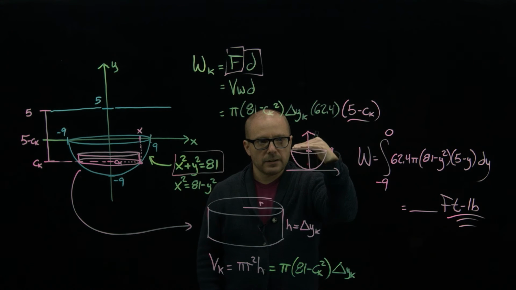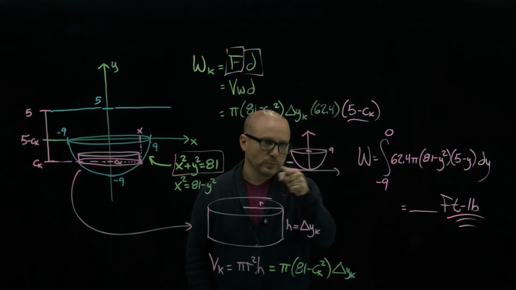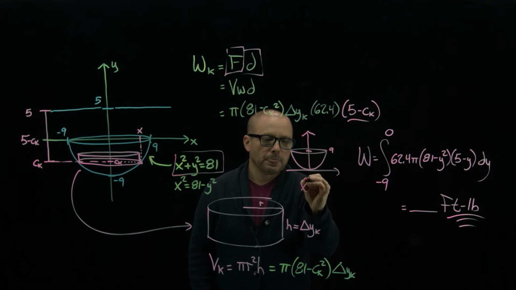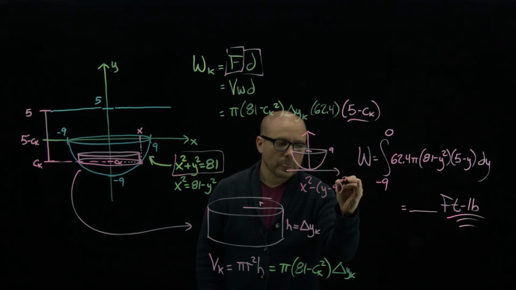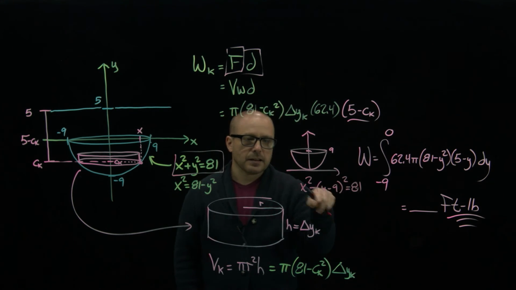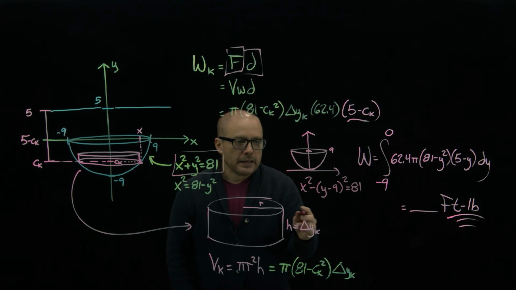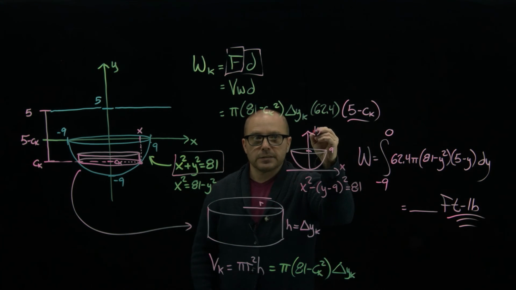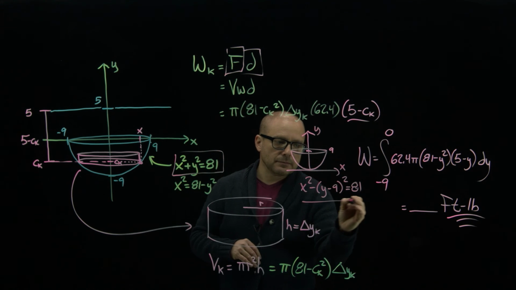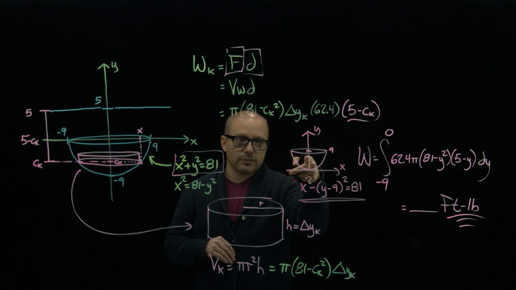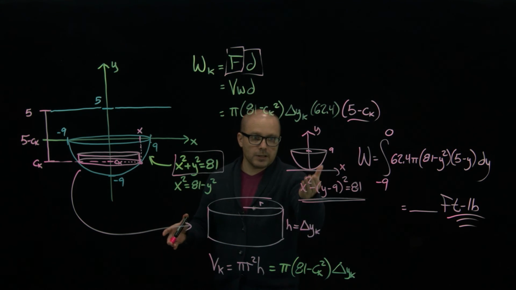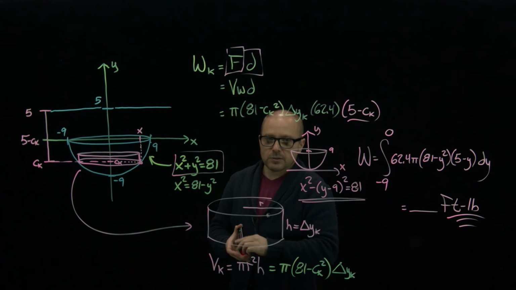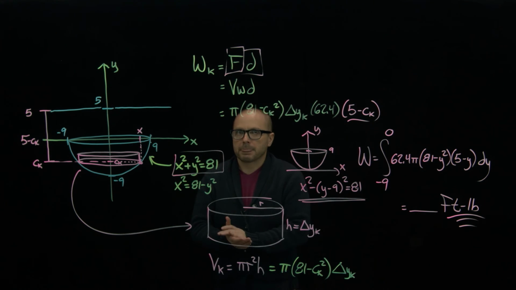The center here is now up at 9, or 0, 9. So the equation of that circle that's being revolved to create the hemisphere would look like that. It's got a shift in the y direction. It doesn't matter which coordinate system, one's not right or wrong, but that's the equation for that one, and that's the equation for the other one. So be careful of that. If you want to use that setup, make sure you got the equation right.